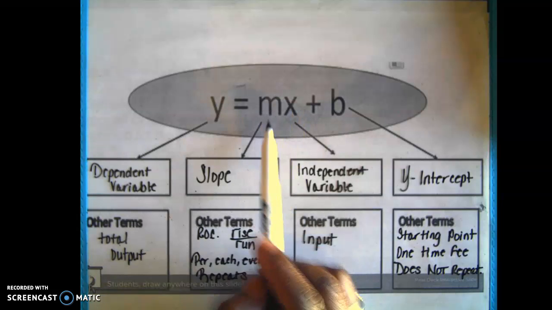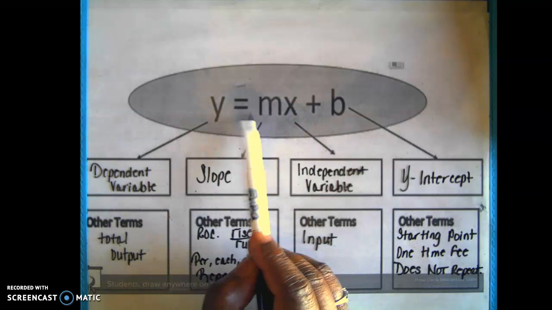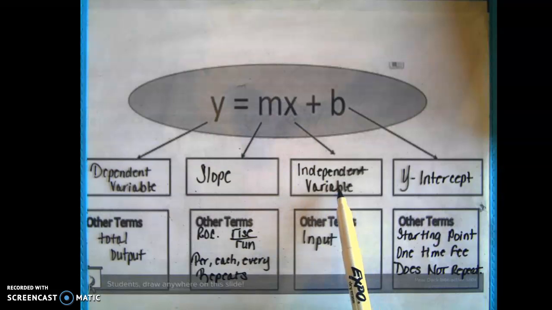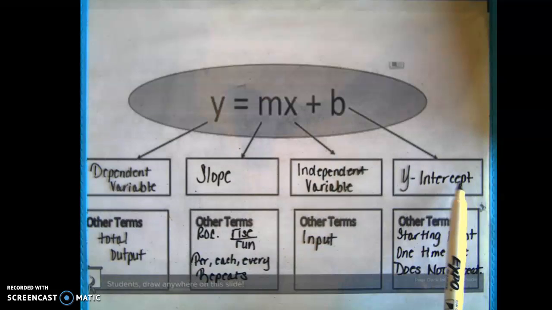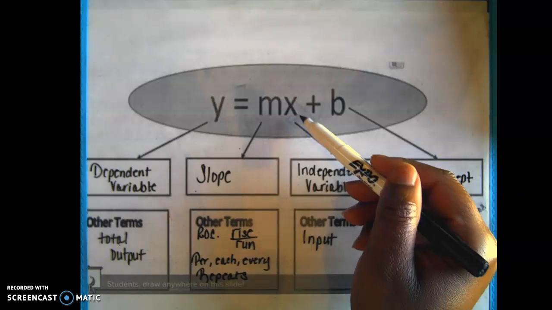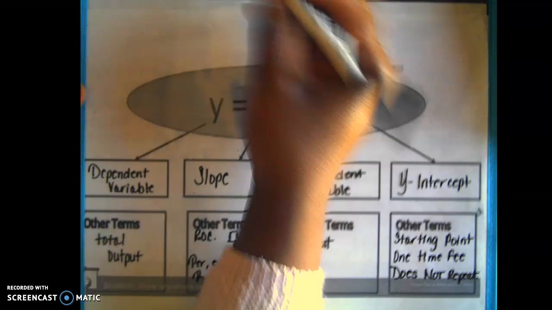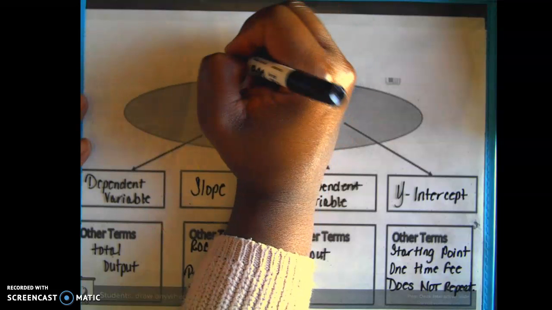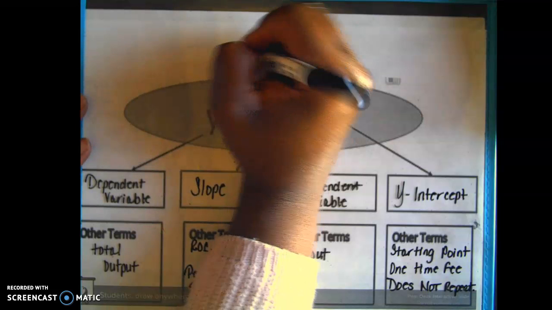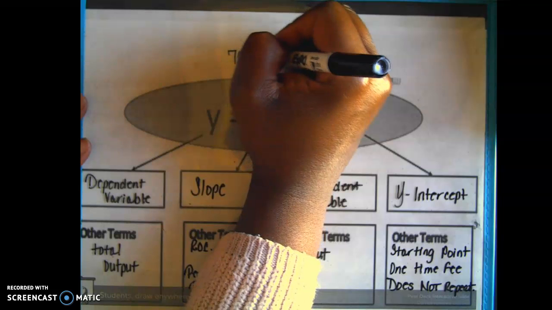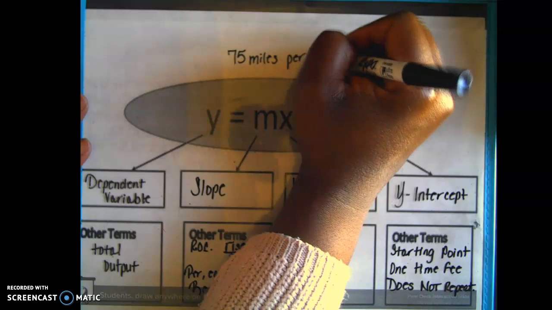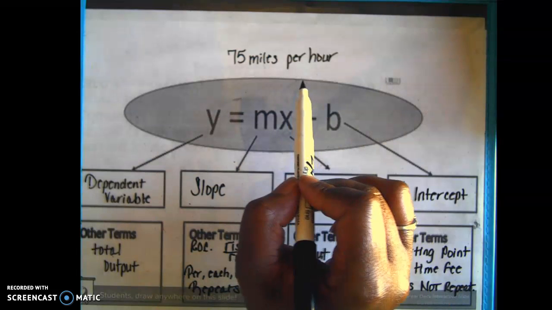So here, just breaking this down, this is y equals our slope times our independent variable plus our y-intercept. So it's slope multiplied by our independent variable. If I were given the rate of change in verbal form, let's say I went 75 miles per hour, per indicates multiplication.